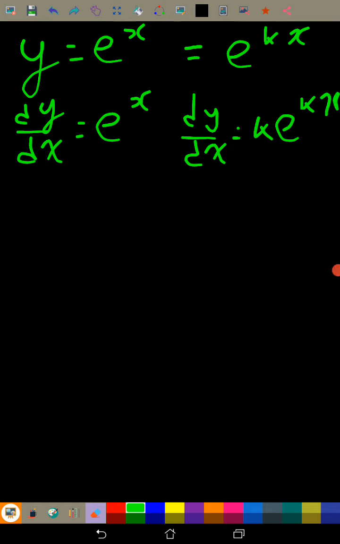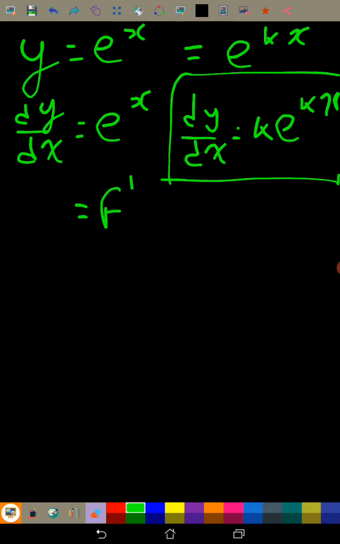Yes, this is the way to differentiate an exponential. Another way to write it is dy by dx is equal to, or we can say f prime of e^f(x).